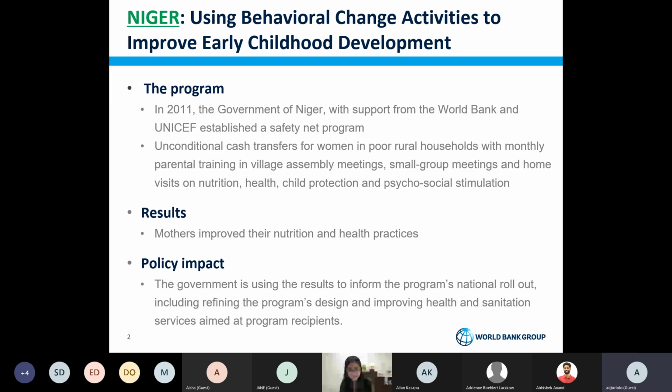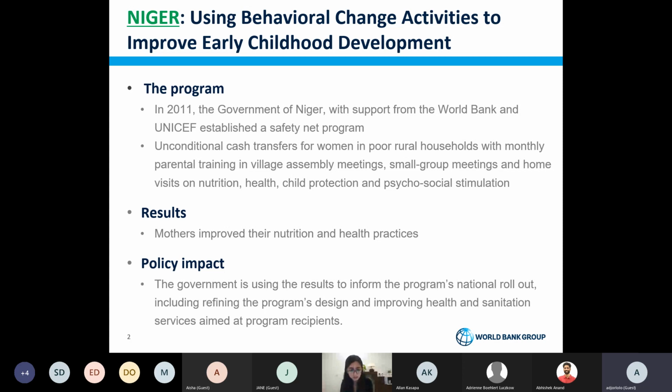Conditional cash transfers have proven successful previously in reducing poverty and improving health checkups for children and school attendance. And conditional cash transfers are cash transfers where the government or a body like the World Bank directly sends money to a beneficiary, given that they fulfill a condition. So it's always contingent on a condition.